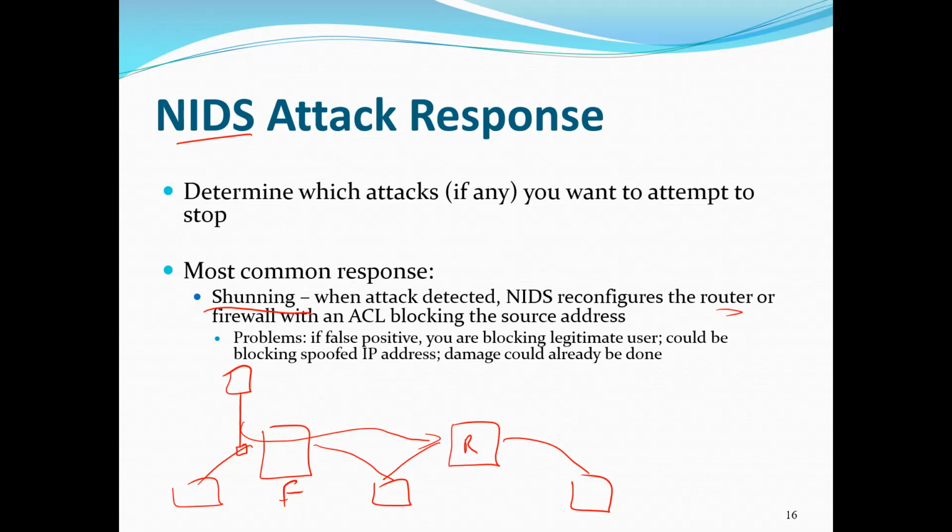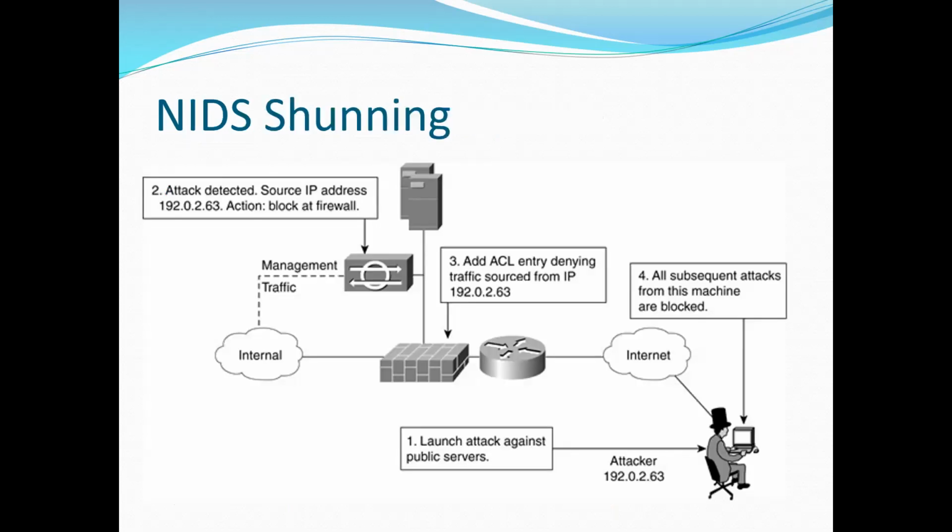And if they can't do their business, what's the point, right? And so that was actually one of the questions. So anyway, shunning here, it's kind of nice. There's a little diagram here, so we can take a look at shunning and follow the steps. So we have step one, the attacker, right?